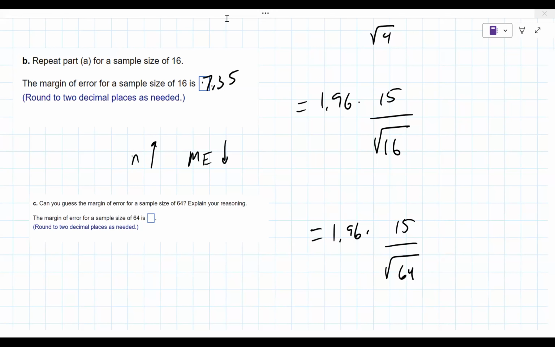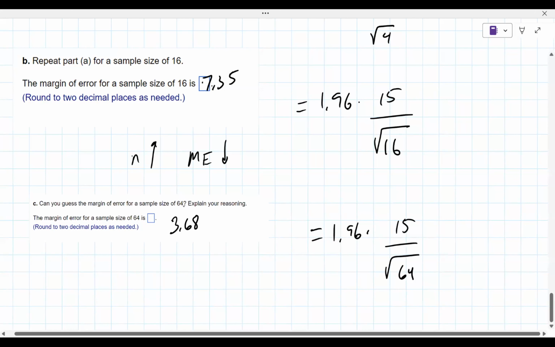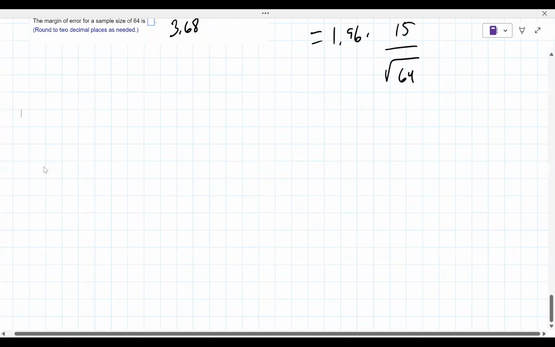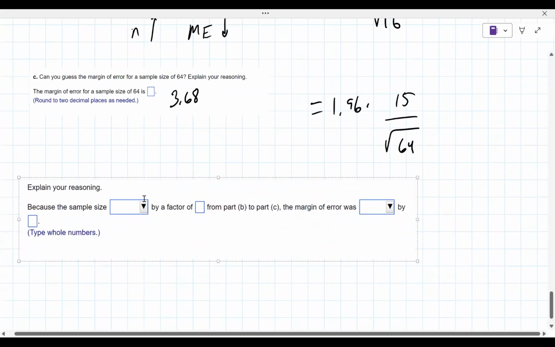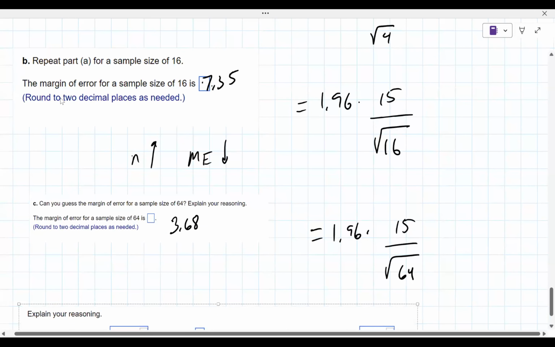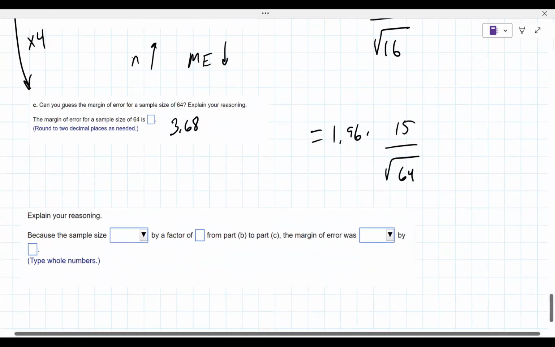I got 3.675. Rounds to 3.68. All right, so the last part here, explain your reasoning. So it says because the sample size blank by a factor of blank from part B to C. So to go from B to C, we went by a factor of 4 times 4. So it increased by a factor of 4.